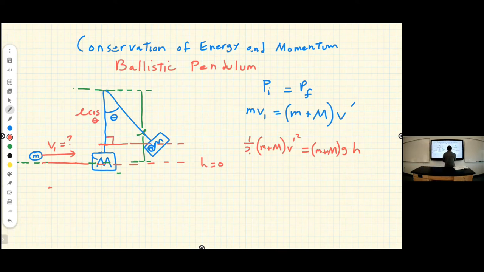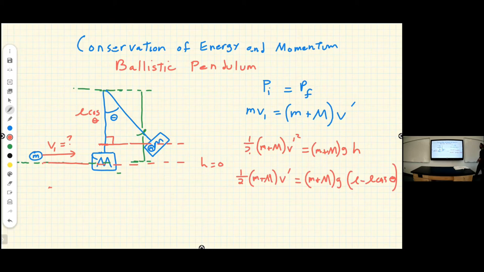So we can rewrite this as L minus L cosine of theta. There we go. That's a theta, not an E.